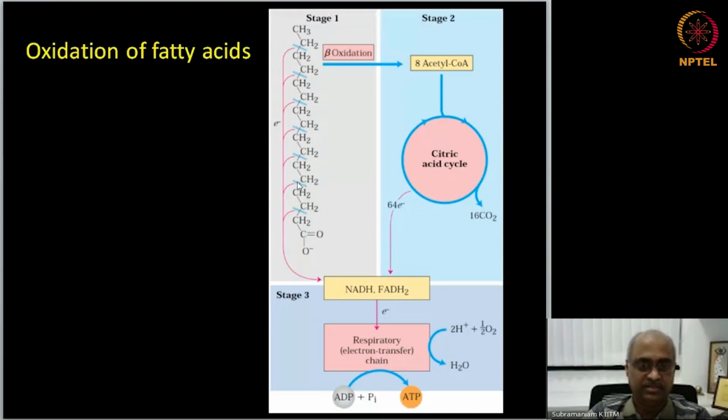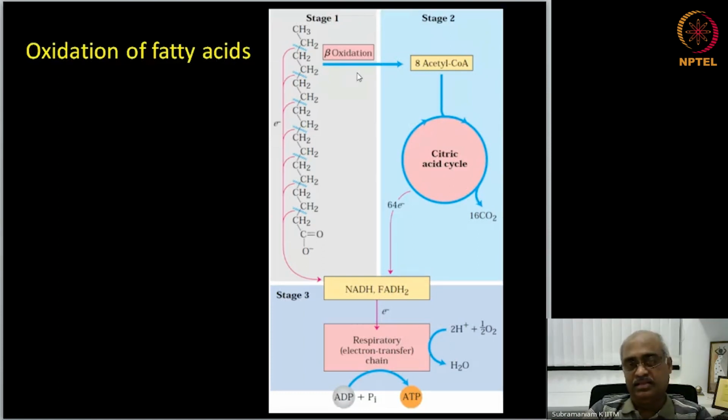Then next these 2 and these 2 and so on. In 8 such cycles of reactions, this entire palmitic acid, a 16 carbon fatty acid, is converted into 8 acetyl-CoA molecules.